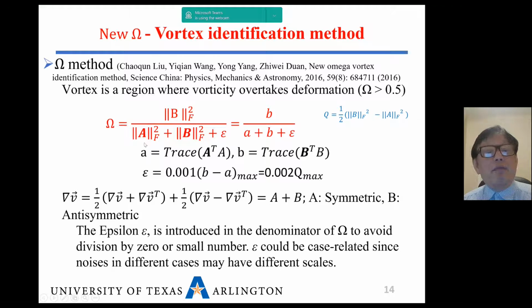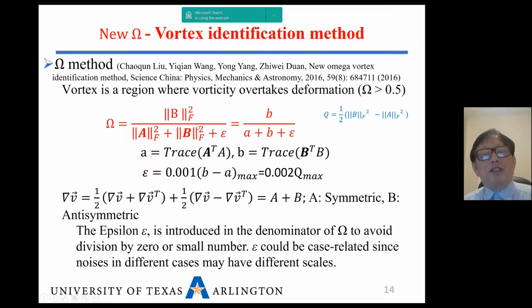Omega uses A and B. We know that A is the symmetric part, B is the antisymmetric part, or we call the vorticity submatrix. So omega equals B norm square divided by A norm square plus B norm square.